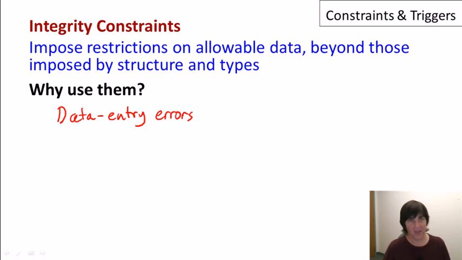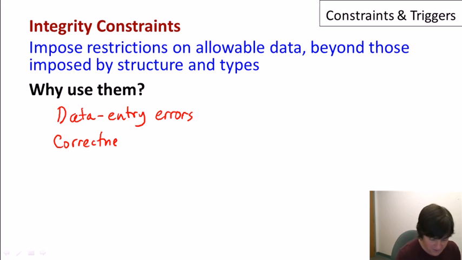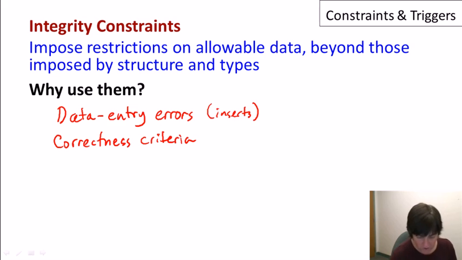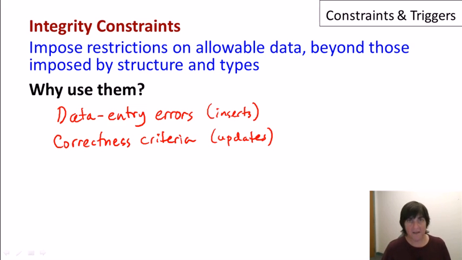It was probably an error, and that can be caught automatically by the constraint enforcement system in the database system. A sort of similar example is as correctness criteria. So data entry errors would be typically for inserts, where correctness criteria might be for updates. So if we're modifying the database, for example, we update a GPA or an enrollment, if we're checking our constraints, that will make sure that our updates are correct.